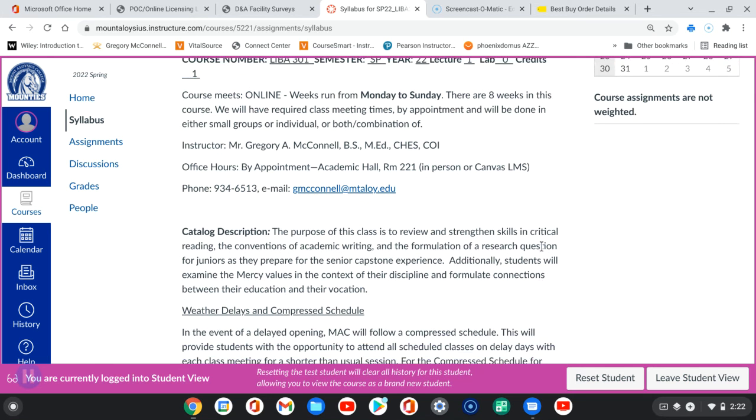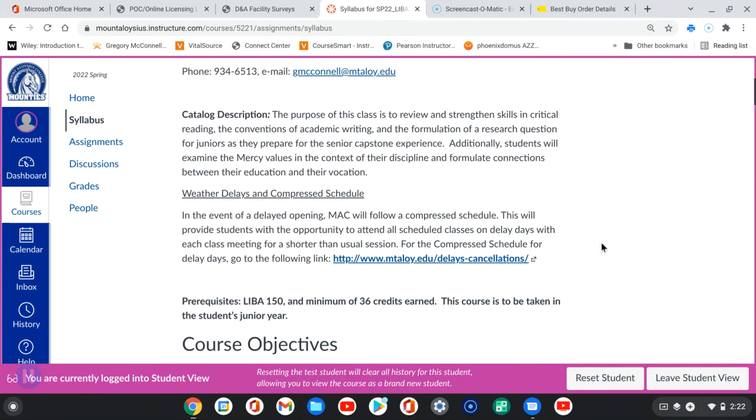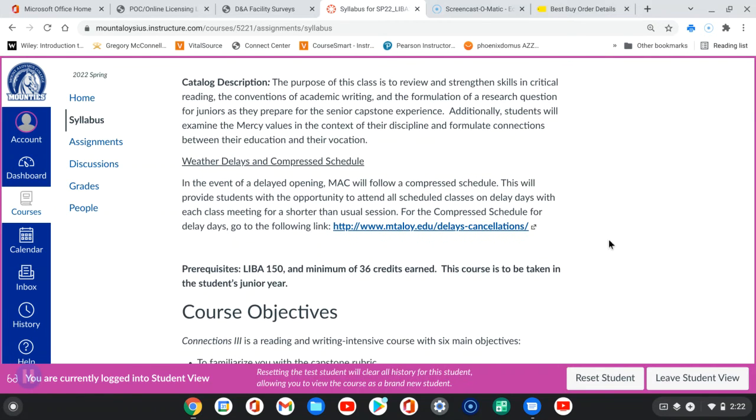So again, I'm going to read a few things to you, not the entire syllabus, but I think it's really important to understand the fundamentals of the course. And to begin with that, we'll start with the catalog description. The purpose of this class is to review and strengthen skills in critical reading, the conventions of academic writing, and the formulation of a research question for juniors as they prepare for the senior capstone experience.